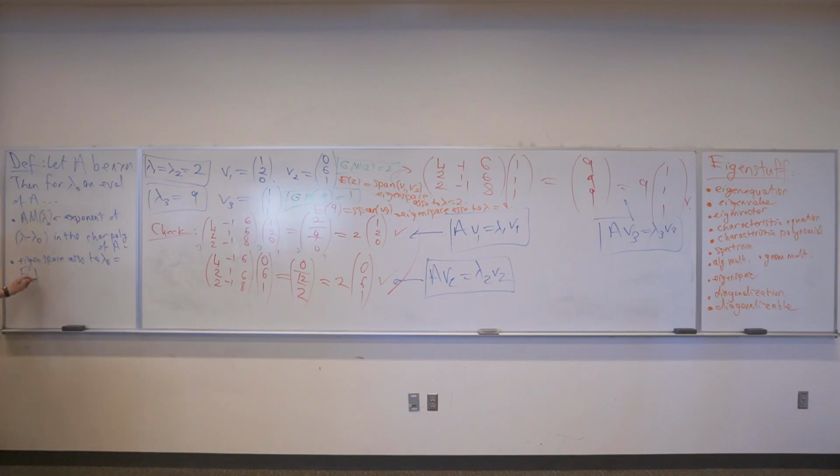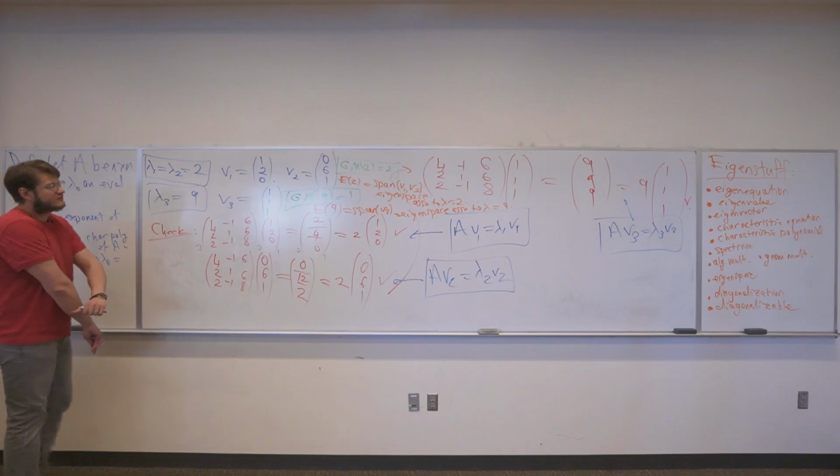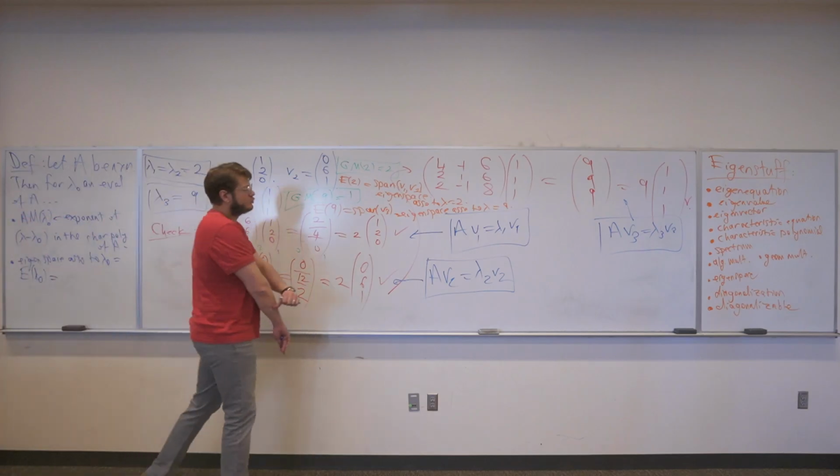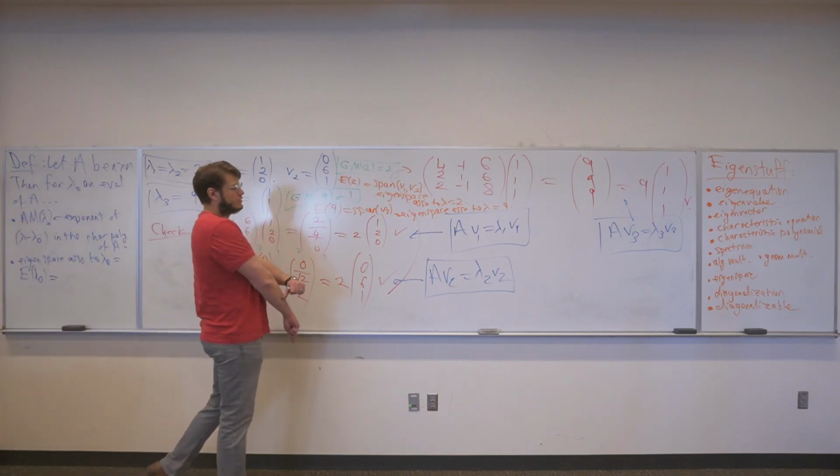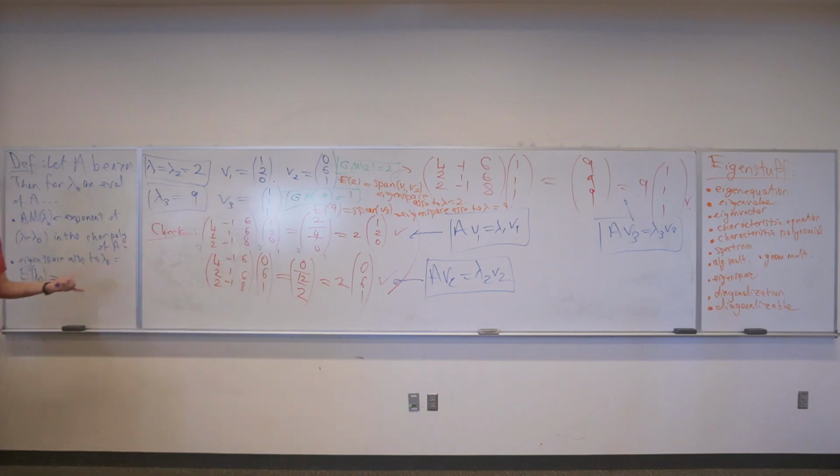E of lambda 0. Notations for these are not really fixed. Depending on the literature, you have different notations. Sometimes people use R here because it's also called root space for whatever reason. But let's just leave it like this. E of lambda 0 is the span of all eigenvectors associated to lambda 0. But what are eigenvectors associated to lambda 0? These are nothing but vectors in the null space of a certain matrix.